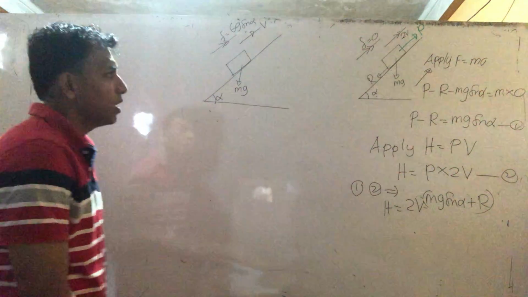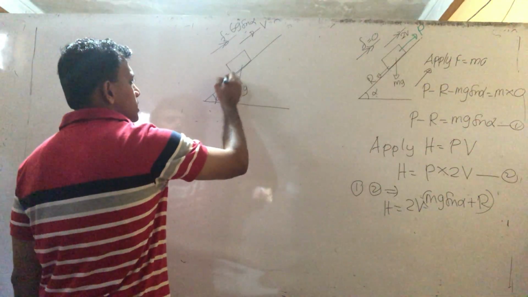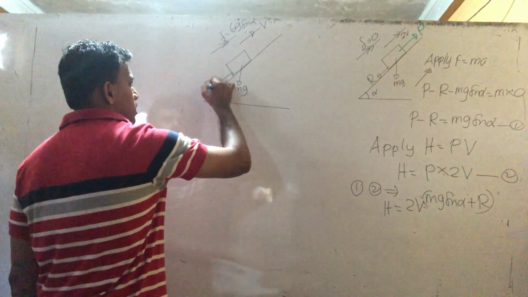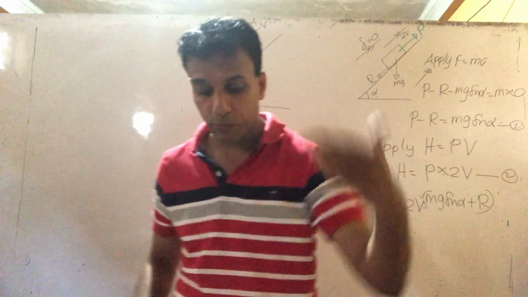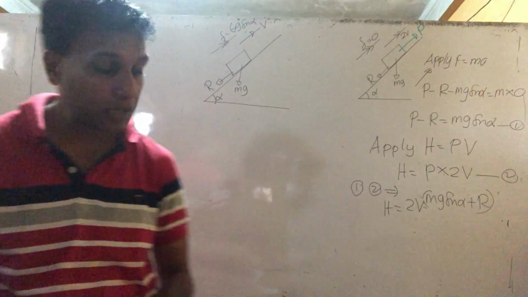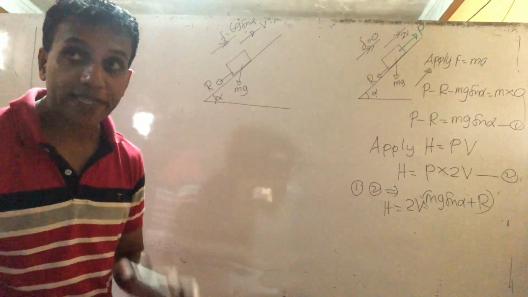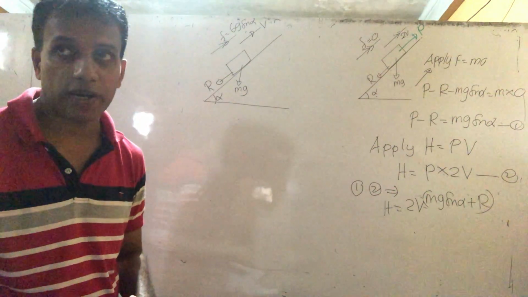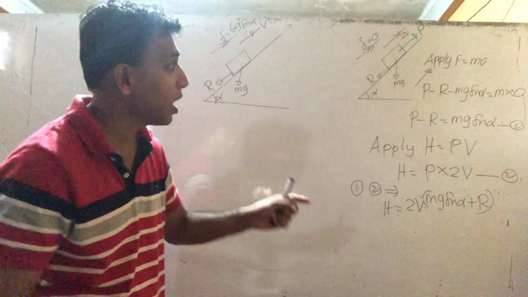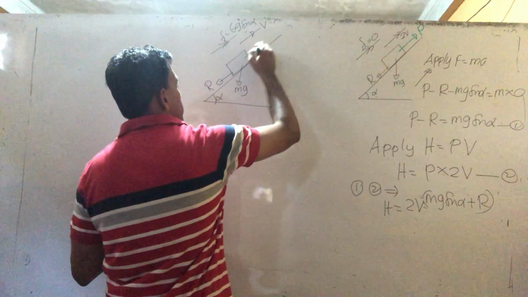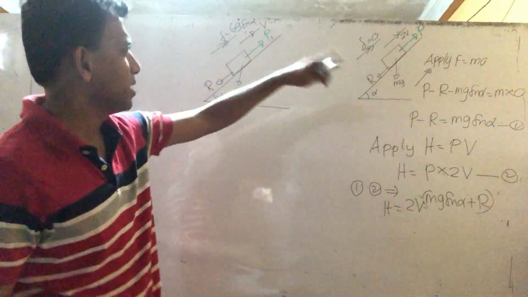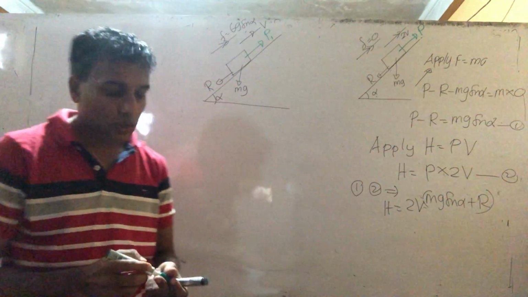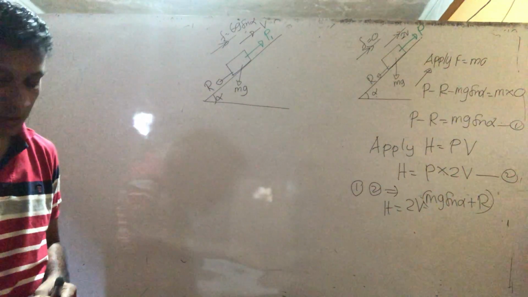Here also they said the resistance R is constant, wherever it moves, horizontally, on the inclined plane, downward or upward. There is a tractive force that is different, so I mark it P1. This is the second case of the problem.